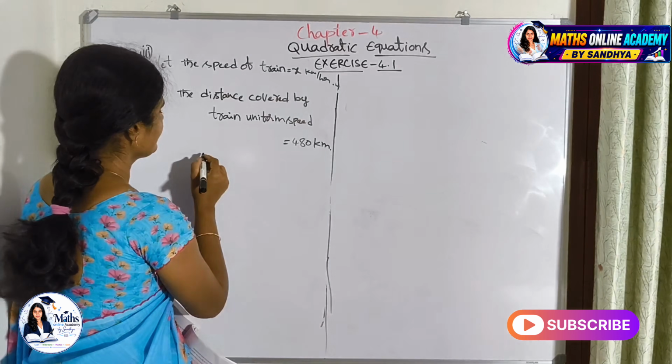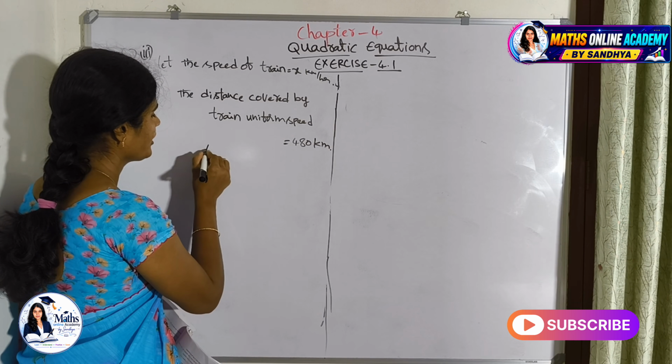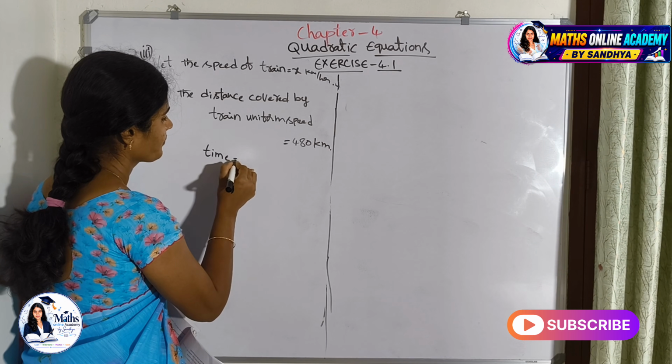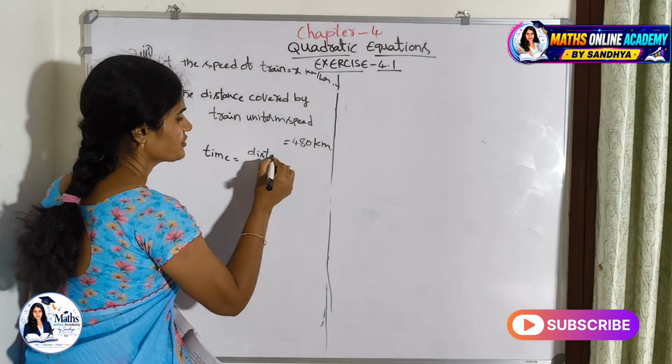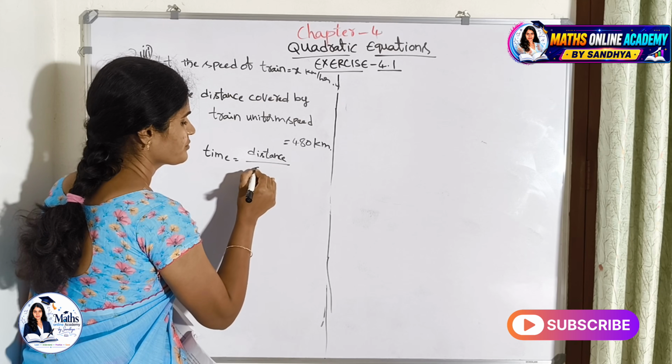From physical science, time equals distance by speed. This is the formula: distance by speed.